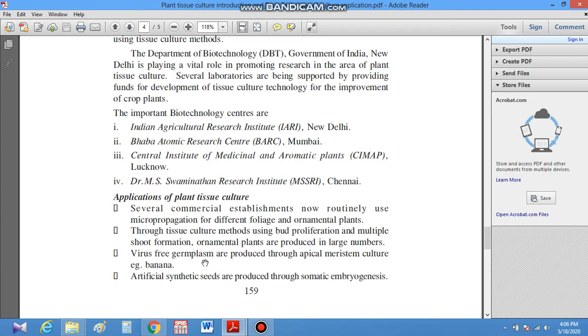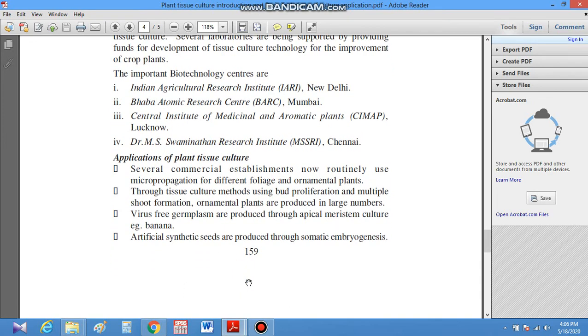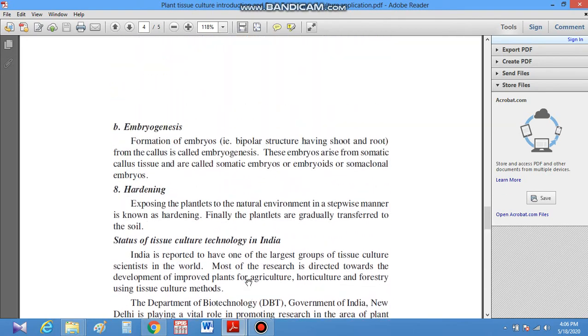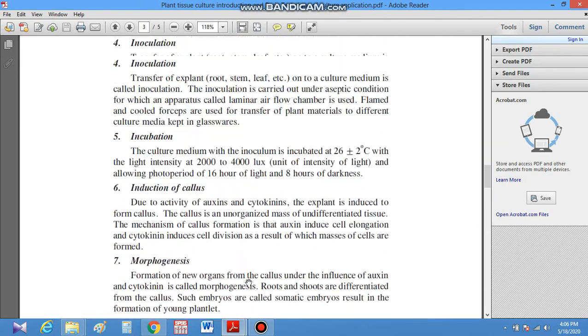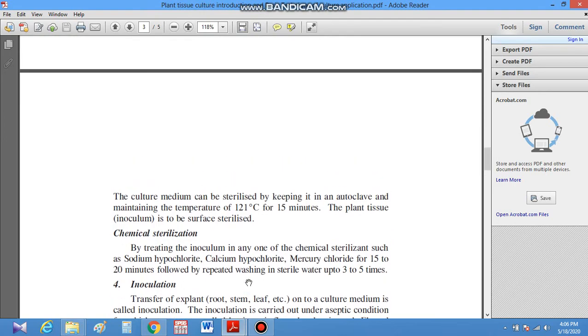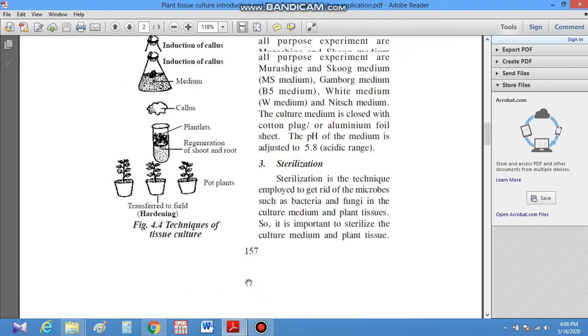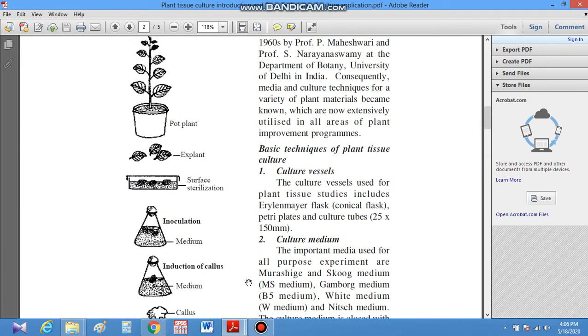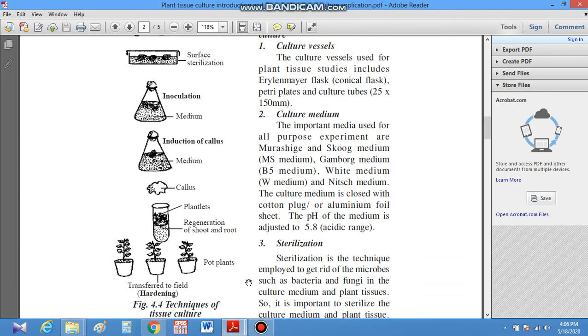Another important feature is that virus-free germplasms are produced through apical meristem culture, and artificial synthetic seeds are also produced through somatic embryogenesis. Through these applications, we can utilize the plant tissue culture technique in various fields for the development of technology. So we have discussed these things.